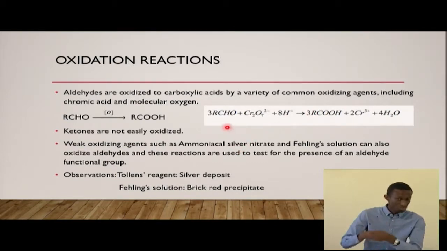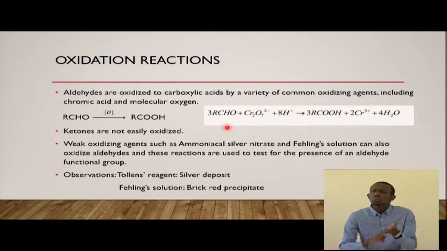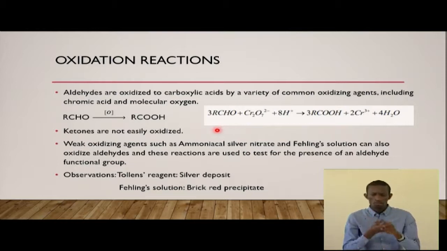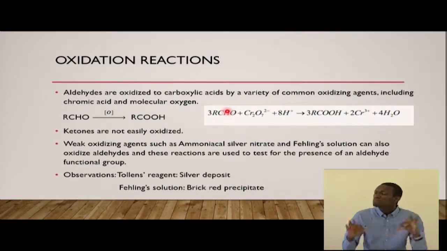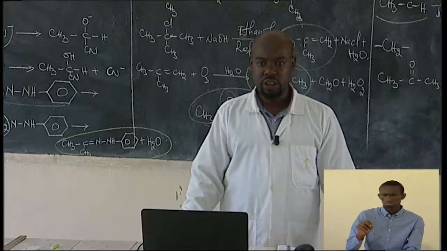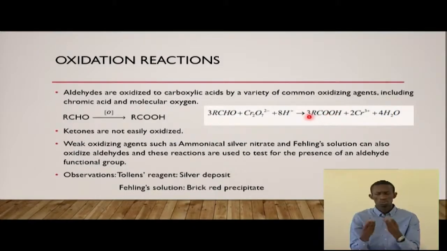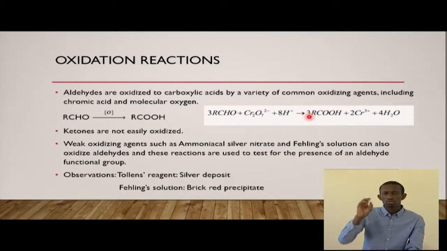You can also use potassium permanganate, where the color will change from purple to colorless. Here it is very important to say that ketones are not easily oxidized. Aldehydes will give carboxylic acids, but when ketones are oxidized, the chain will be broken to produce two acids.